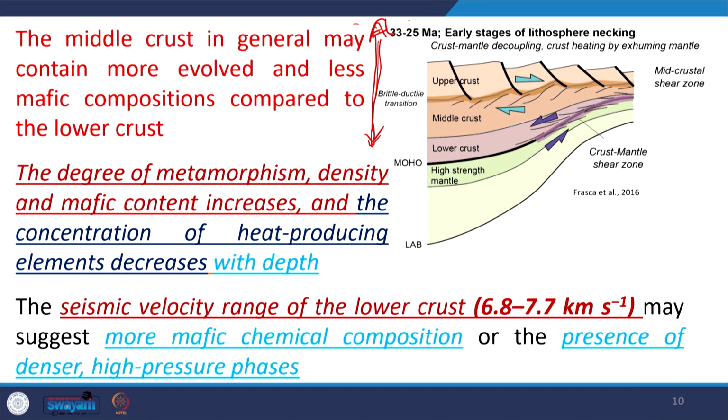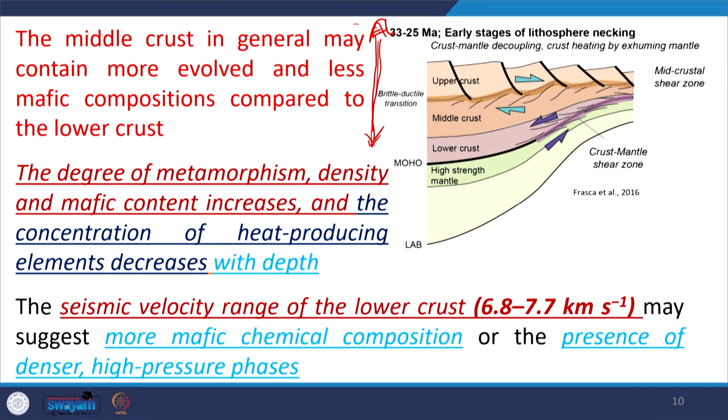So, that is why the middle crust is of evolved and less mafic composition as compared to the lower crust, and the degree of metamorphism, density and the mafic content increase, and the concentration of heat producing elements decreases with depth, because a few minutes back we were talking about compatibility and incompatibility.